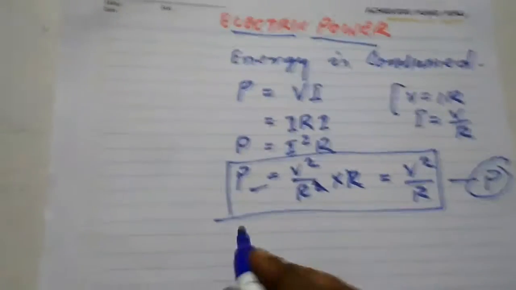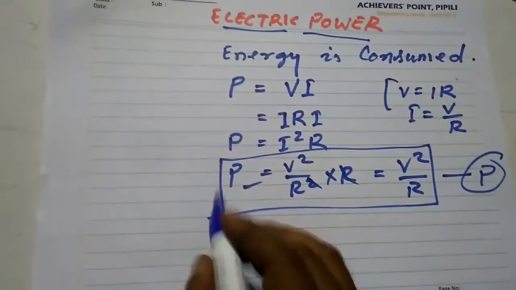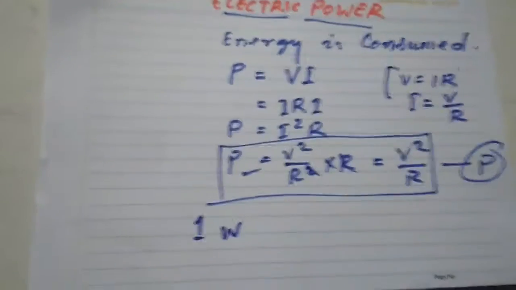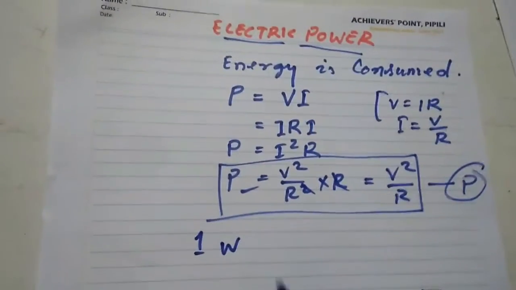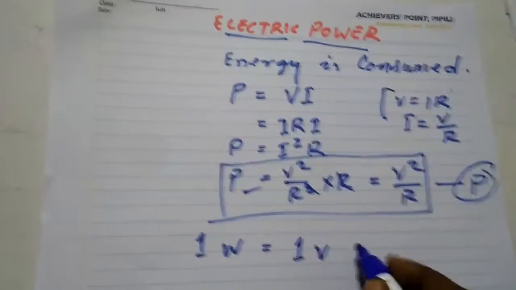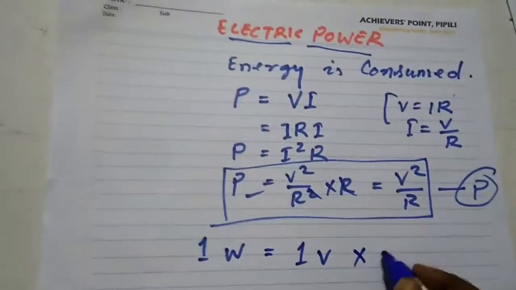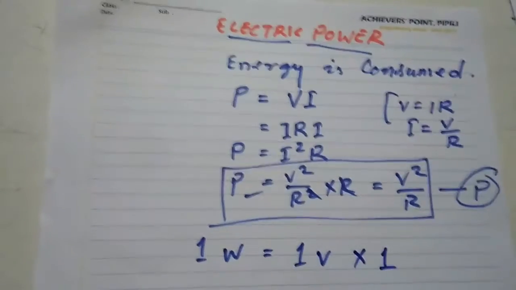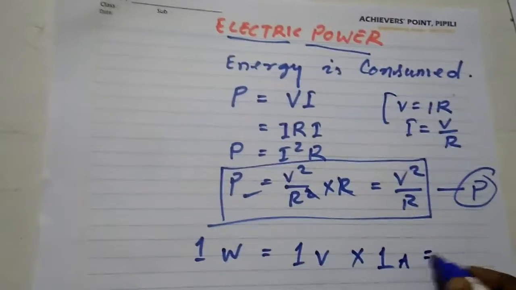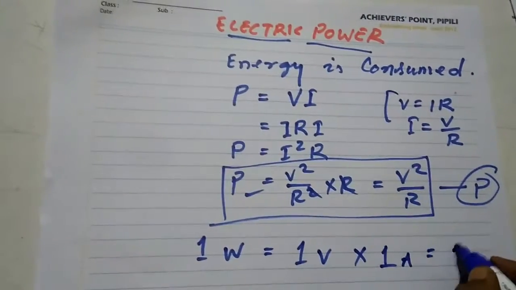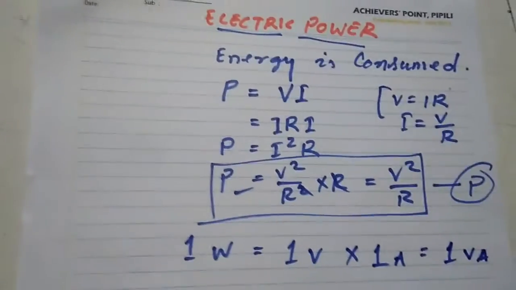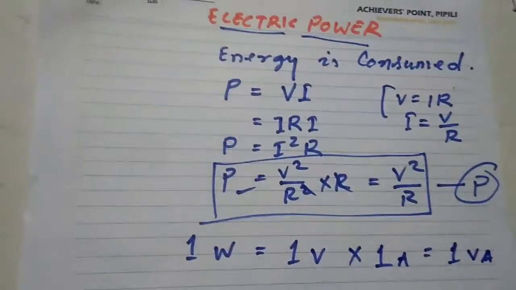We can write its equation: 1 watt is the power when 1 volt is operated with 1 ampere of current. So 1 watt equals 1 VA, 1 volt into 1 ampere.